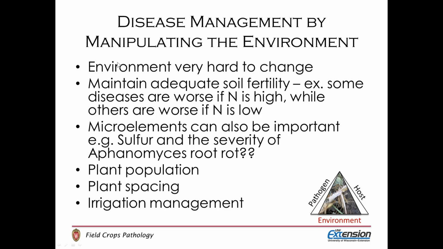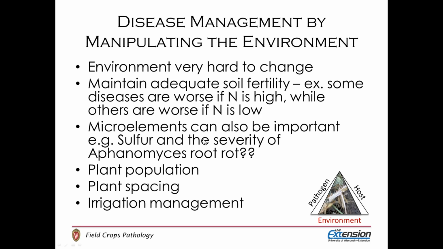On the environmental side here, we talked a little about some things that you can do there, but here are a couple other things to keep in mind when developing your management plan. The environment can be very hard to change, but there are a few things that you can do. One of the biggest in the field crop areas is looking at soil fertility. Testing soil, making sure that nitrogen is in range, not too high, not too low.